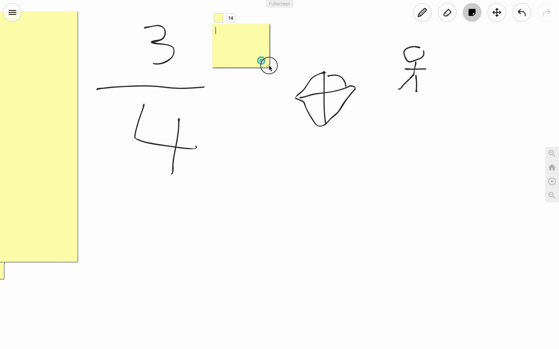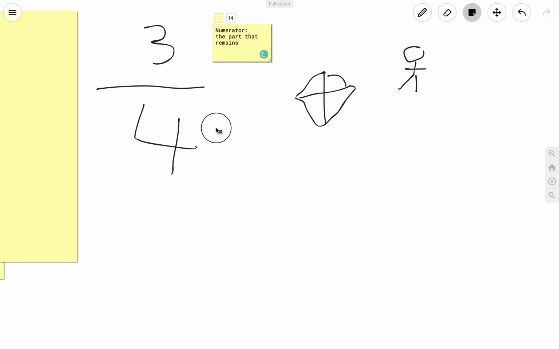Okay, so what do you think this 3 is? As you may know, it's a numerator, which is the number or the part that remains, and it's just on the top. Yes?